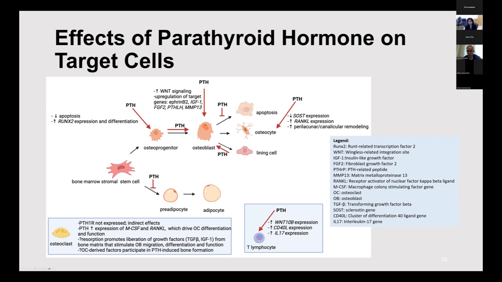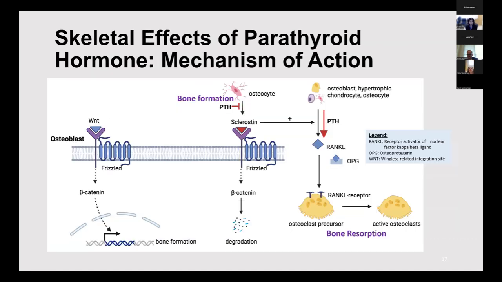PTH also acts on T lymphocytes and increases the secretion of Wnt10b and CD40 ligand, which are important for osteoblastic activity. And it also increases the expression of interleukin 17 from these cells, which promotes the secretion of RANKL from osteocytes. So again, you can appreciate here the profound effect that PTH has on these different cells in the bone marrow and skeleton.